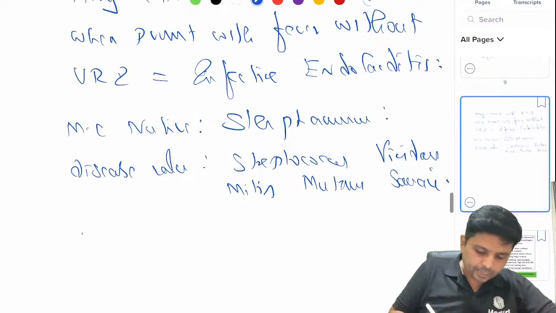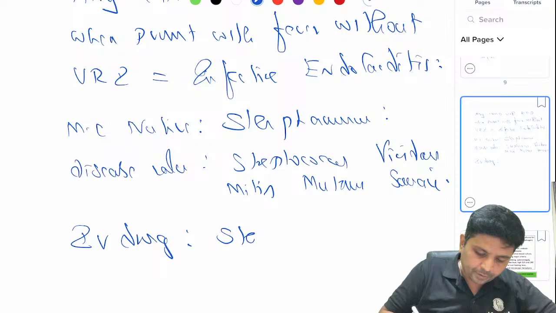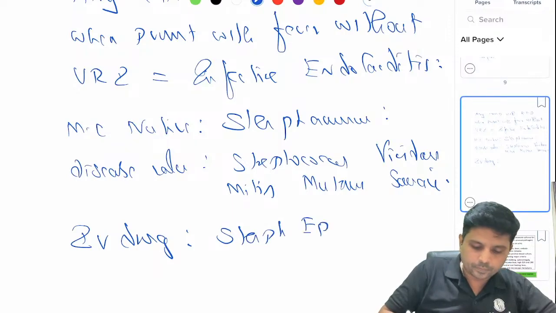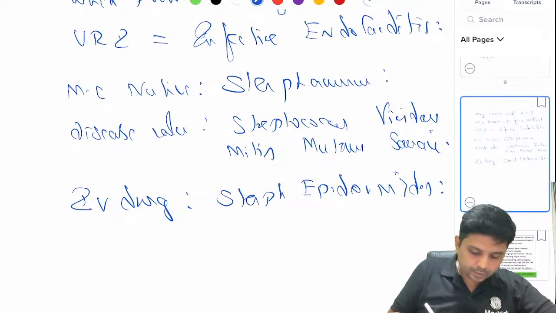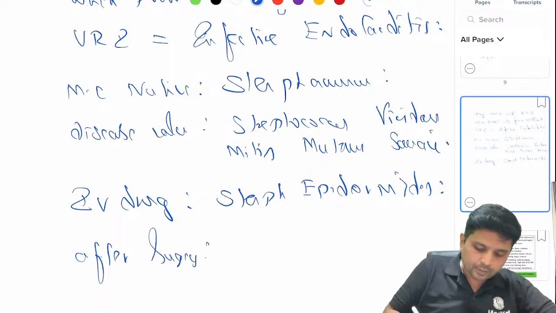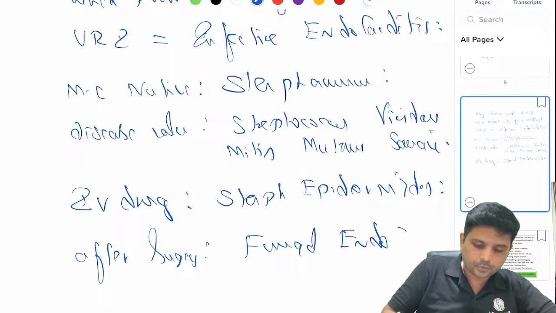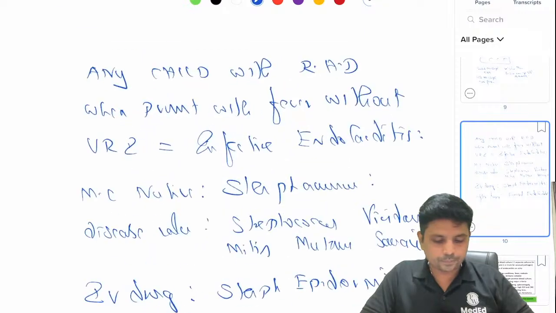When you have IV drug users, you can have Staph epidermidis. When you develop infective endocarditis after open heart surgery, almost always it is fungal endocarditis.